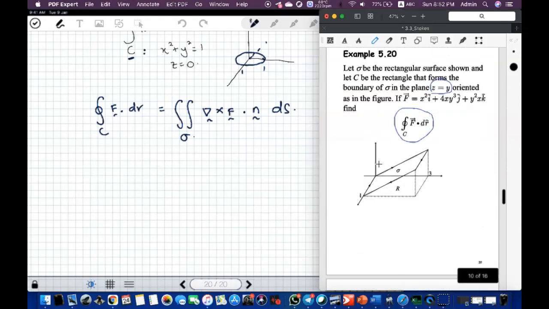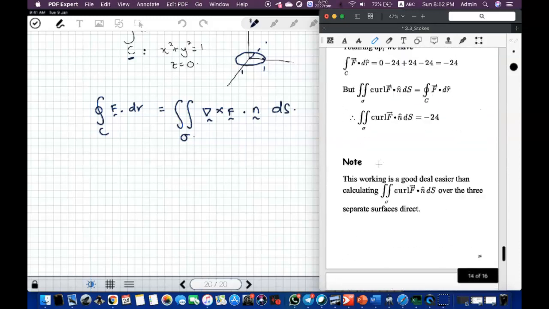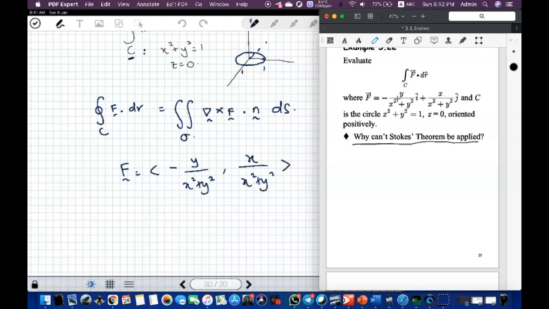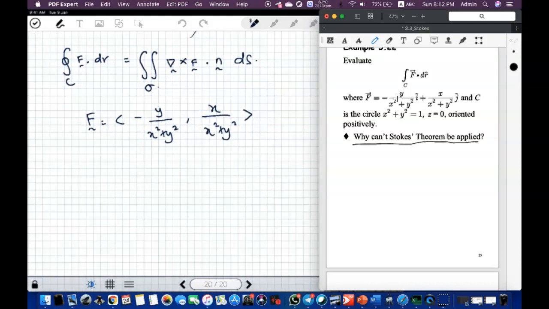Now we look at F, the vector field function in this case. Our F is given by negative y over x squared plus y squared, and x over x squared plus y squared. The condition says that F should always be continuously differentiable, which means it can always be differentiated over the surface sigma.